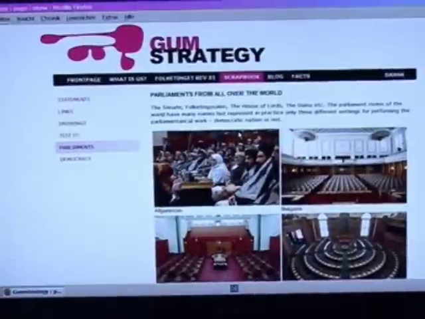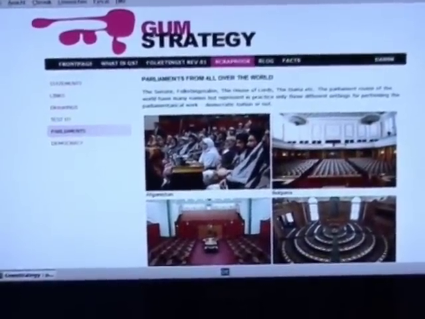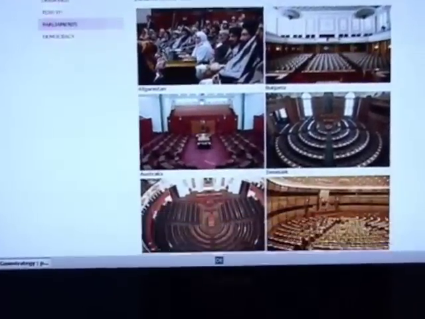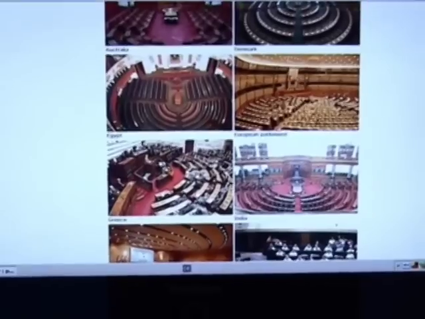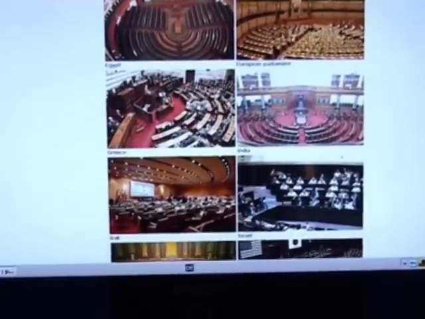We started to look at different parliaments around the world, and we discovered that almost all of them are alike. You can't really see the difference between the Danish parliament, which is very proud of its democratic tradition, and the parliament in Saudi Arabia.